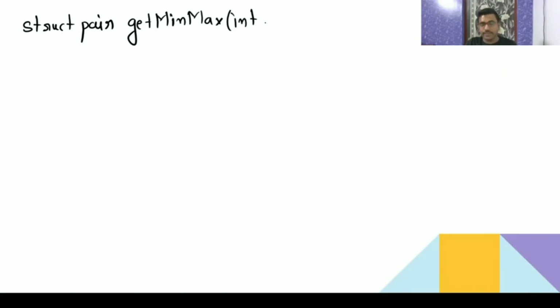Okay, is it done? We'll write the function. Since the function is going to return the structure, the return type should be struct pair, and the function name is get min max. Here I am taking the array, int array, and int n, the size of the array.